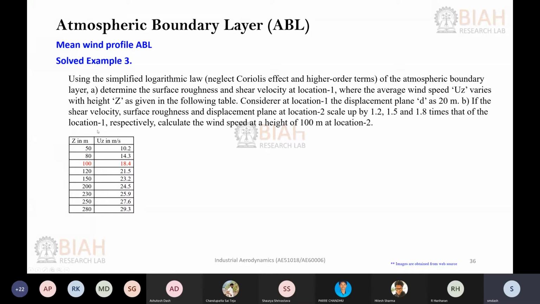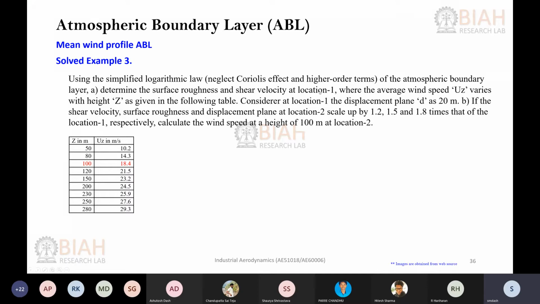Part B of the question is, if the shear velocity, surface roughness and the displacement plane at location 2 are scaled up by 1.2 times, 1.5 times and 1.8 times. So shear velocity at location 2 is 1.2 times the location 1 value. Similarly, surface roughness is 1.5 times the location 1 value, and displacement plane is 1.8 times the location 1 value.